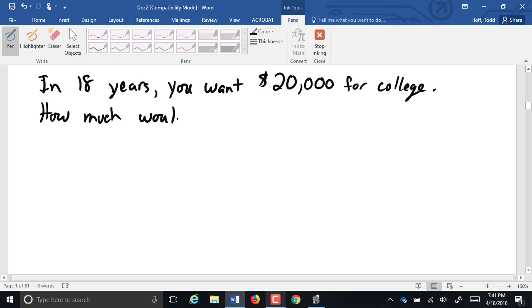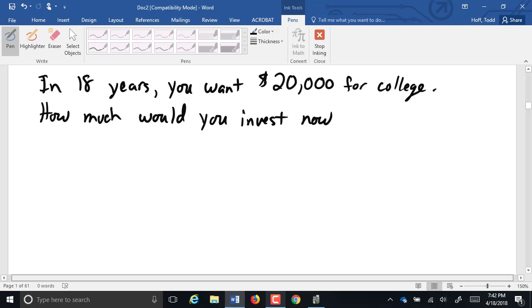That's what financial aid is for, right? How much would you invest now? Let's say you've got a grandparent or somebody who wants to put money towards it, or an inheritance, or something that they want specified to go towards a college education.